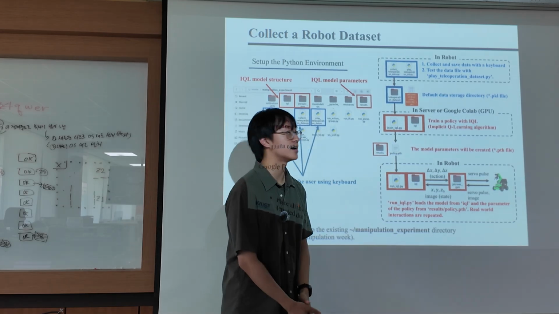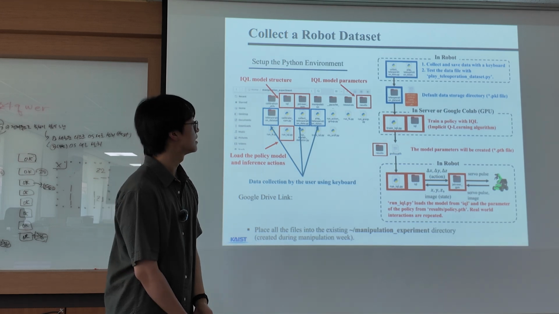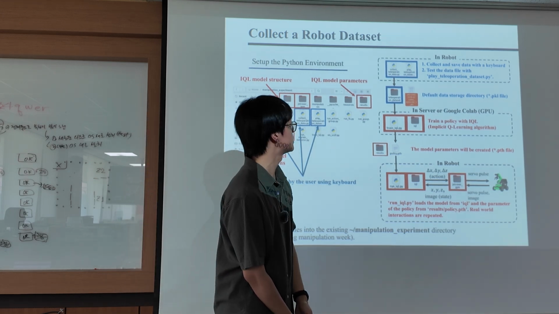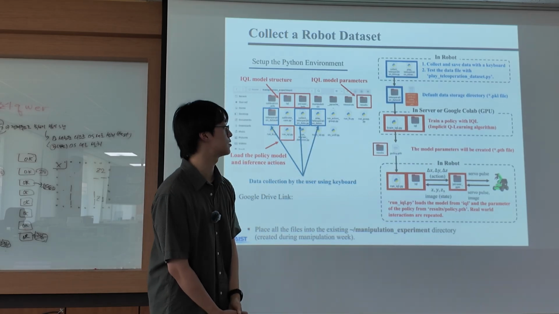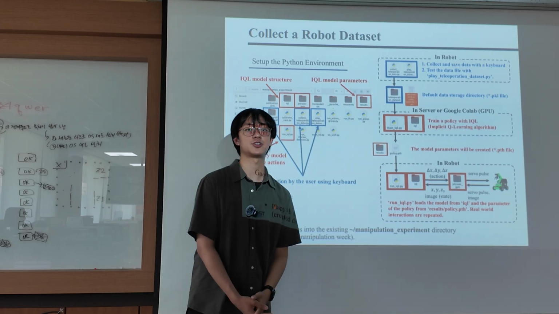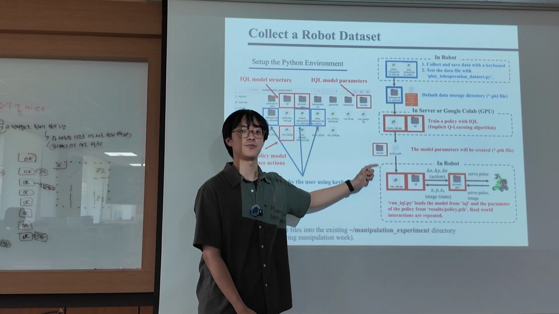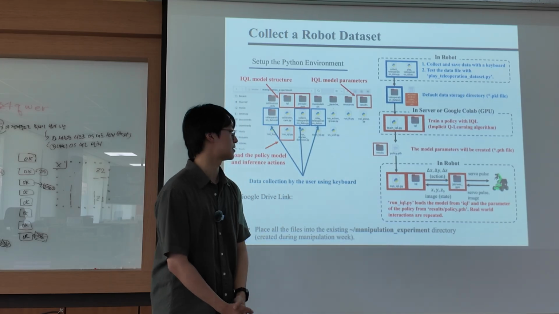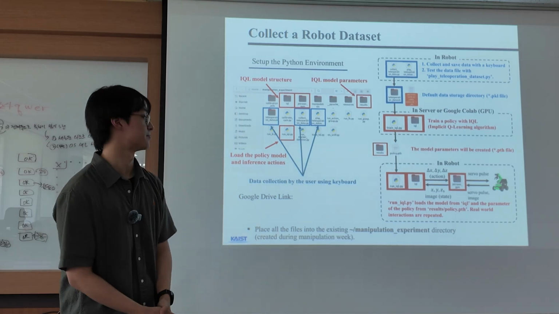We use the train IQL Jupyter notebook file and IQL directories. We are going to train a policy with IQL, implicit Q learning. And after training, the checkpoint will be generated. Using that, again, we go to the robot and use that checkpoint to infer at test time.